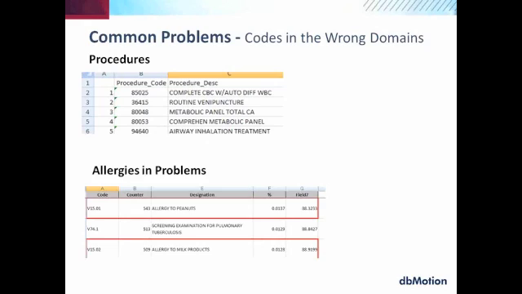The other thing is, underneath, you see a problem. These are supposed to be representations of problems that exist, and doctors are using their systems in different ways. So they have a problems list where they have a list of what's going wrong with their patients, so they can just look at one place and see their allergies, their problems, everything in one spot, and they're documenting that the patient has an allergy to peanuts. Well, if they're documenting that inside the problems domain, it's showing up in the problems domain inside of dbMotion.